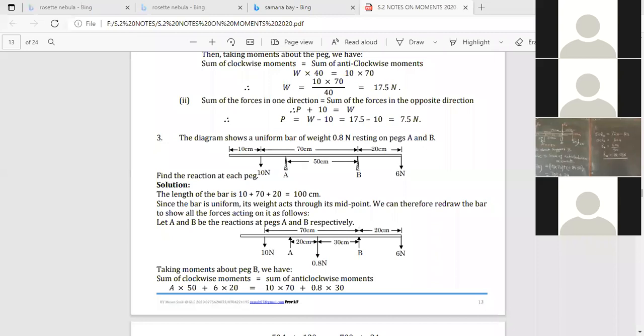Sum of forces acting in one direction is equal to sum of forces acting in the opposite direction. Okay. So what forces do we have here?